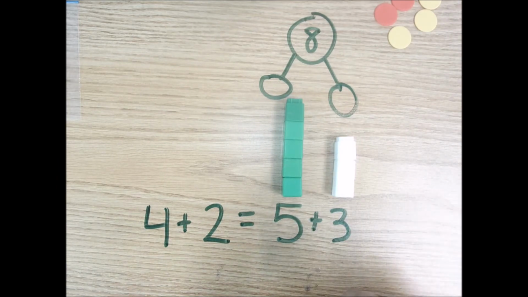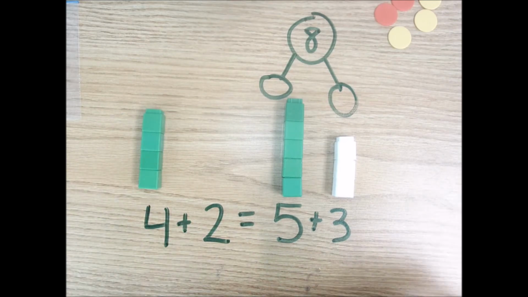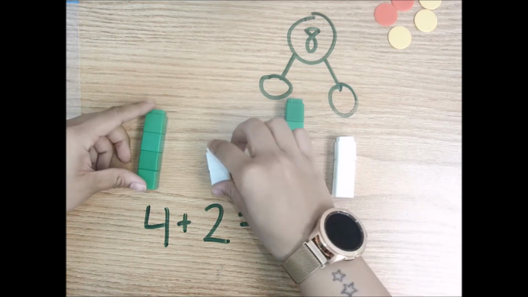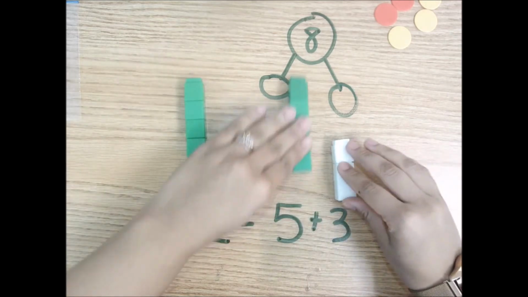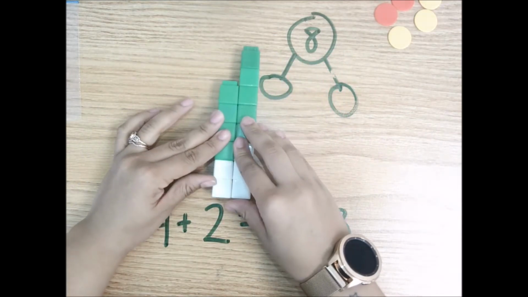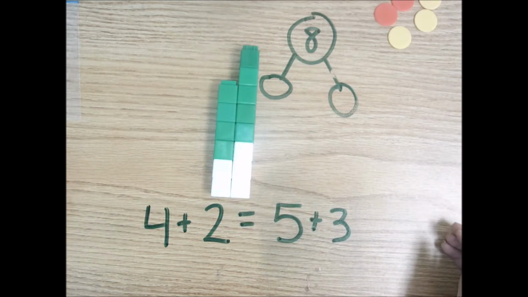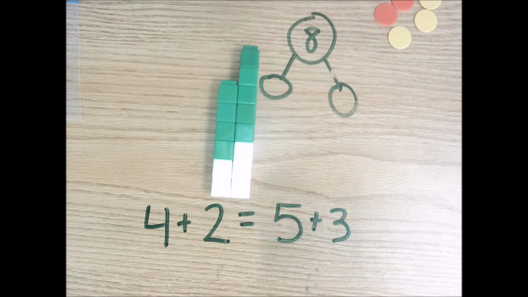Then we want 4 and we want 2. Let's watch what happens when I put these parts together. 4 and 2, 5 and 3. They are not the same. I have a couple of choices of what I can do to make this correct.